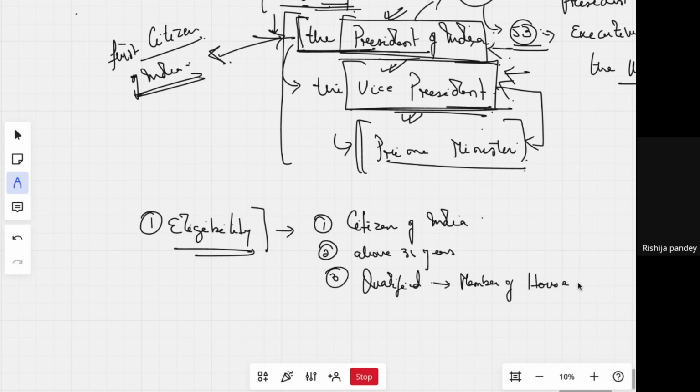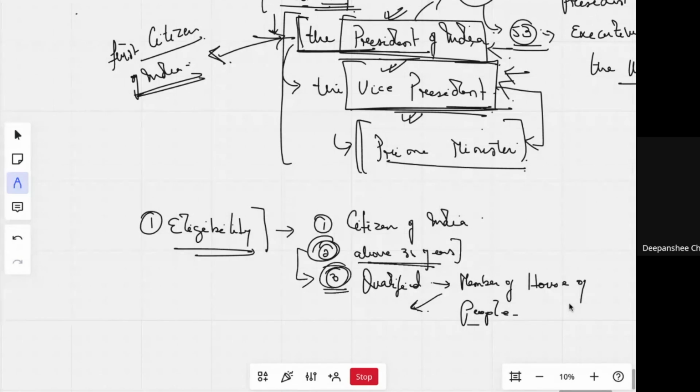So, do you think there is a mismatch between the second qualification and the third? Because it says 35 years, and what is the minimum requirement to become a member of House of People? 25 years, sir. So 25 years. Why is this the mismatch then?